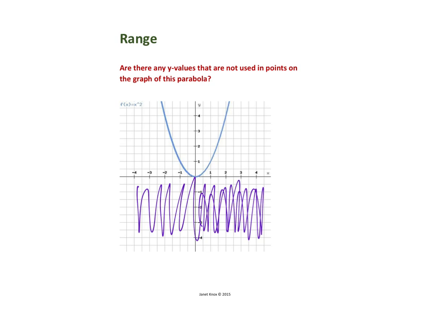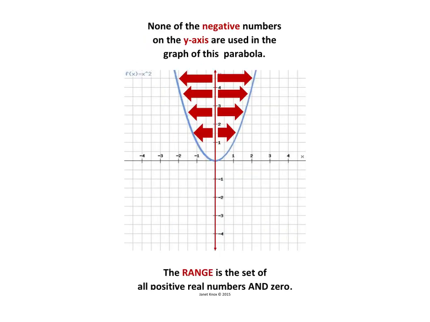So my y's are only in here. It doesn't go below the x-axis. None of the negative numbers on the y-axis are used, right? So the range is the set of all positive real numbers and 0. 0 is included because it touches 0. It touches the x-axis and it's included.